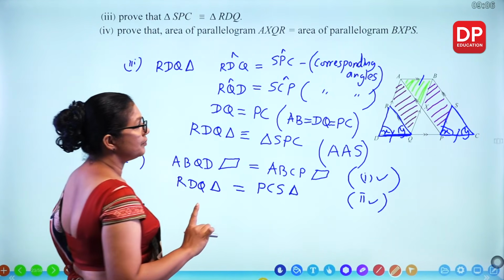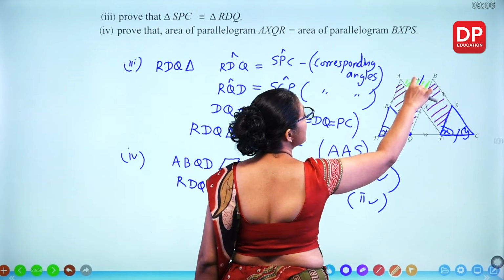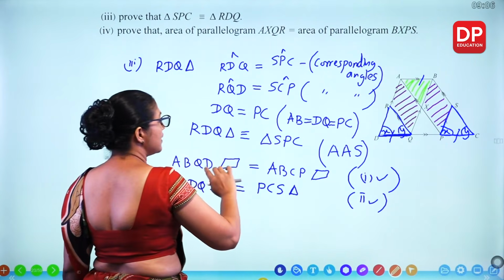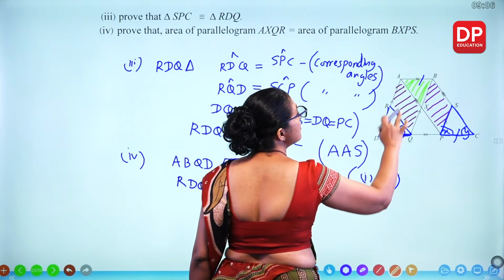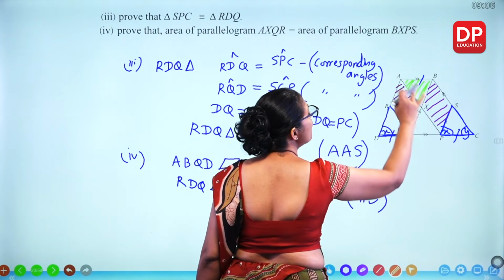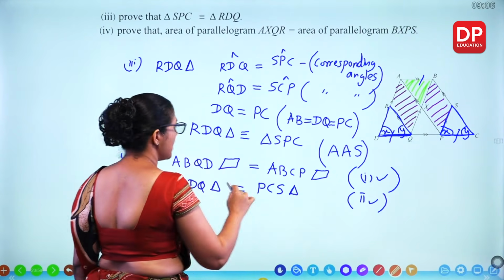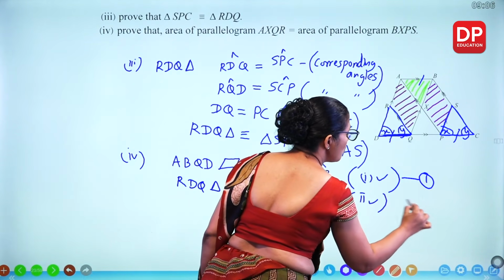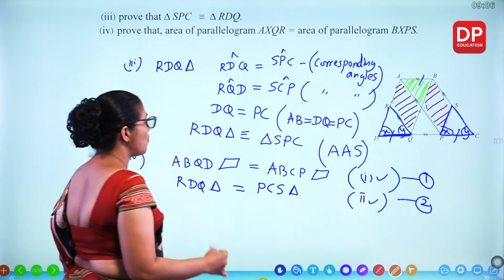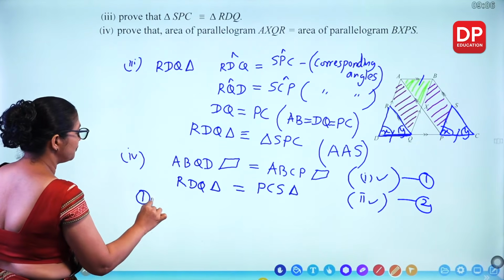And also, if you take this one and remove it from the parallelogram, what can you say? I'm taking 1 and 2, and removing 2 from 1.